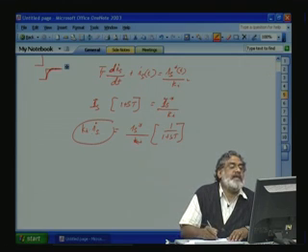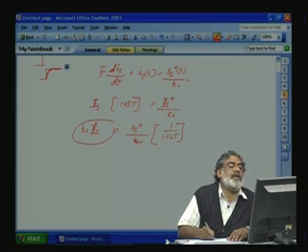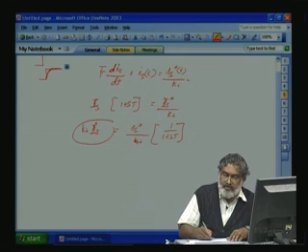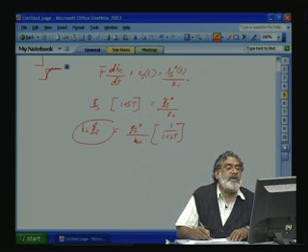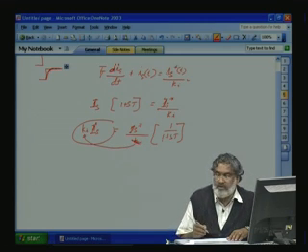That means ki into is, a Laplace function, is equal to is star into 1 by 1 plus sT. Ki we take and bring it here. So, this will be the first order lag.